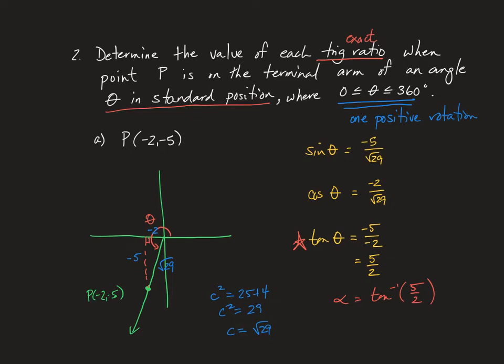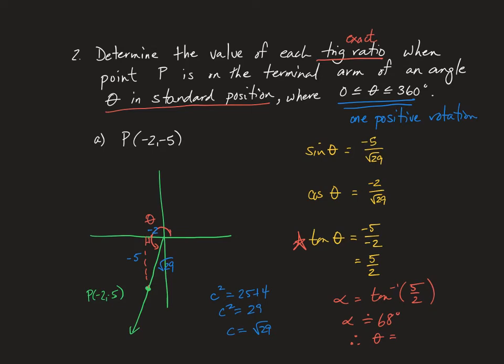And so if we take out our calculator and we do the inverse tan of 5/2, then we're going to get that alpha is approximately equal to 68 degrees. And therefore, you could come up with what your measurement was for theta. Because you know that theta is rotating 180 degrees to get to your negative x-axis.